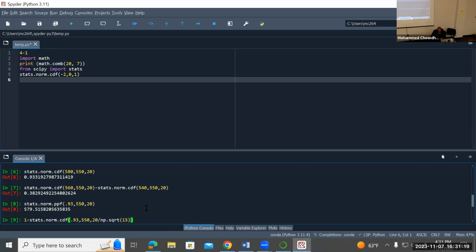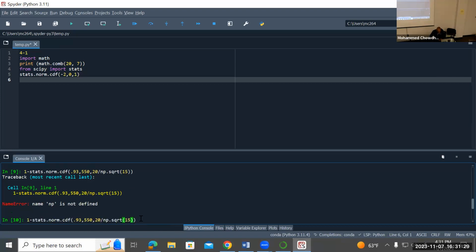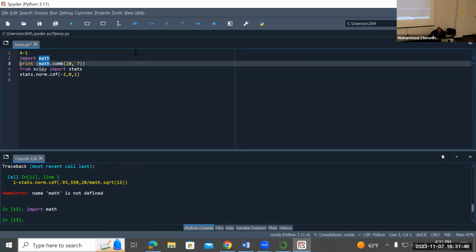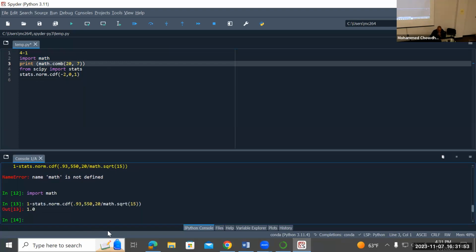I don't know whether it will work or not. It is not finding square root directly. Let me see math.sqrt. Okay, let me run this, import math. Okay, this is the result.